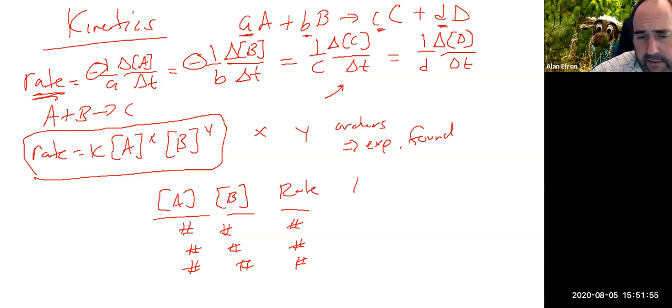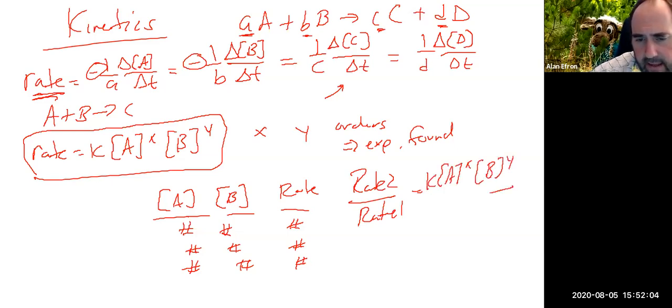You could do rate 2 over rate 1 is equal to K A to the X and B to the Y. And the goal is, when we're choosing what entries from the table, we want to choose 2 entries where perhaps one of the concentrations remains the same and the other one varies. That's going to allow us to really figure out the orders for each of those.